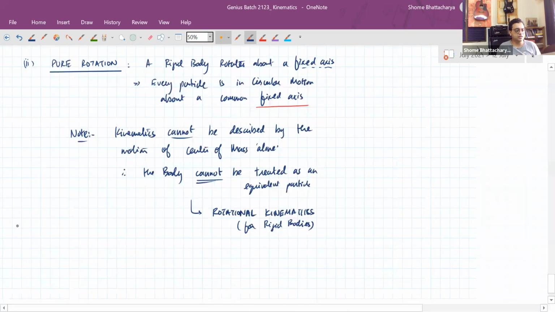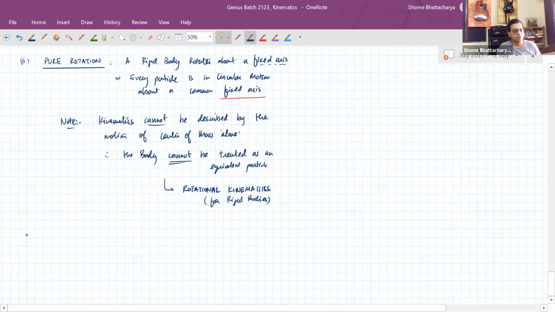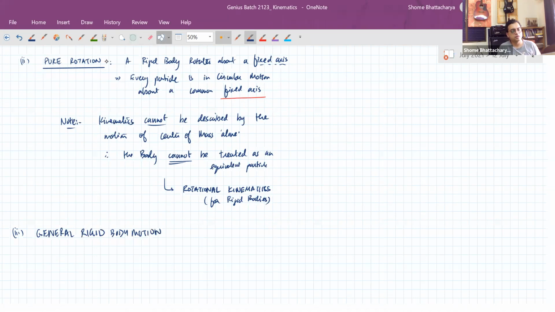And the final and third type of classification is general rigid body motion. This is the final example we had seen above.